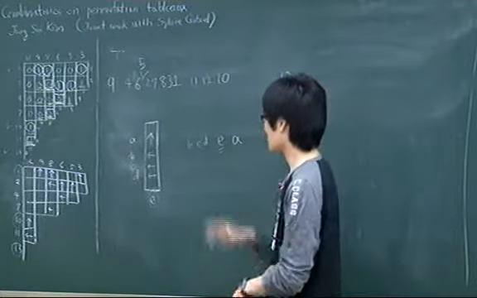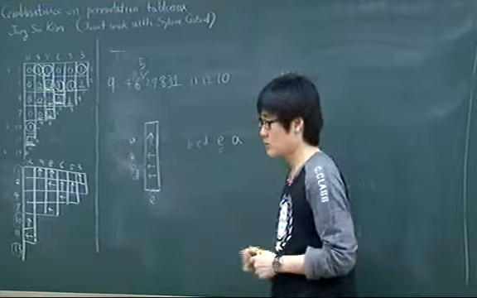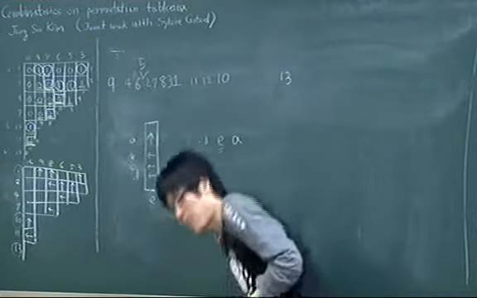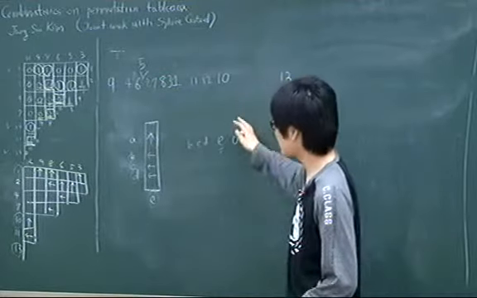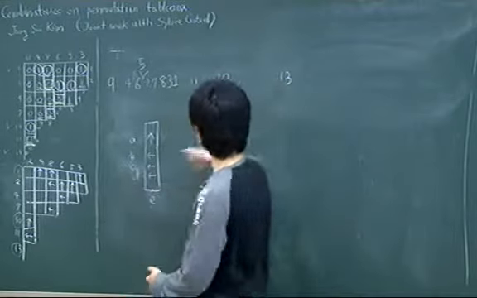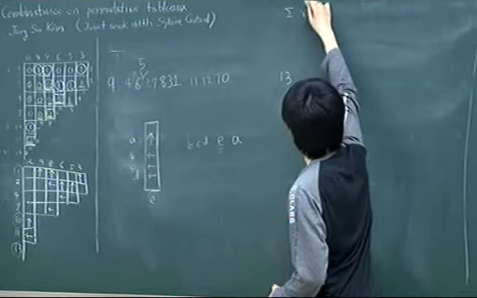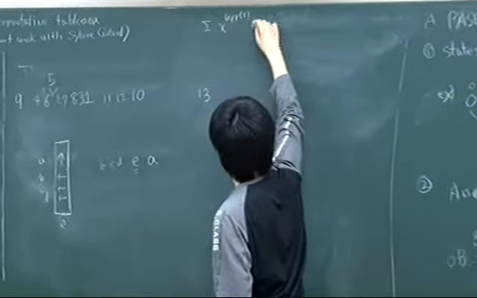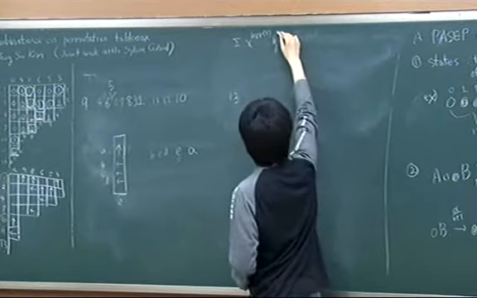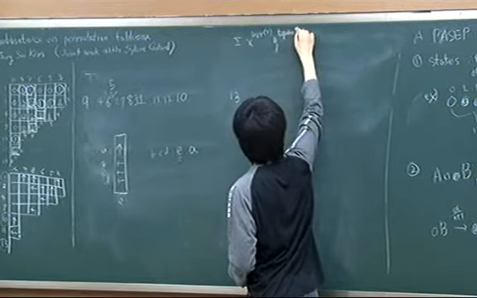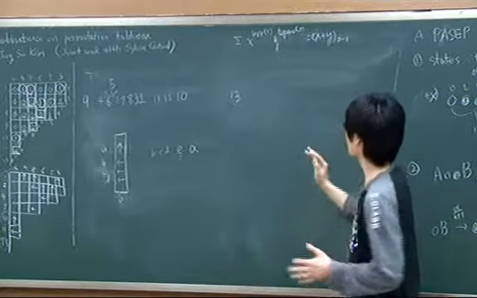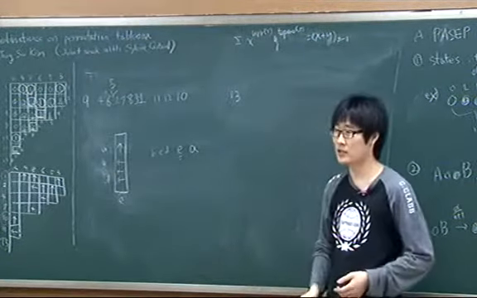In fact, it's easy to describe the inverse map, but I don't think I have enough time, so let me just write this. Using this bijection, we proved this formula unrestricted. We proved this combinatorially, regarding x and y as positive integers.